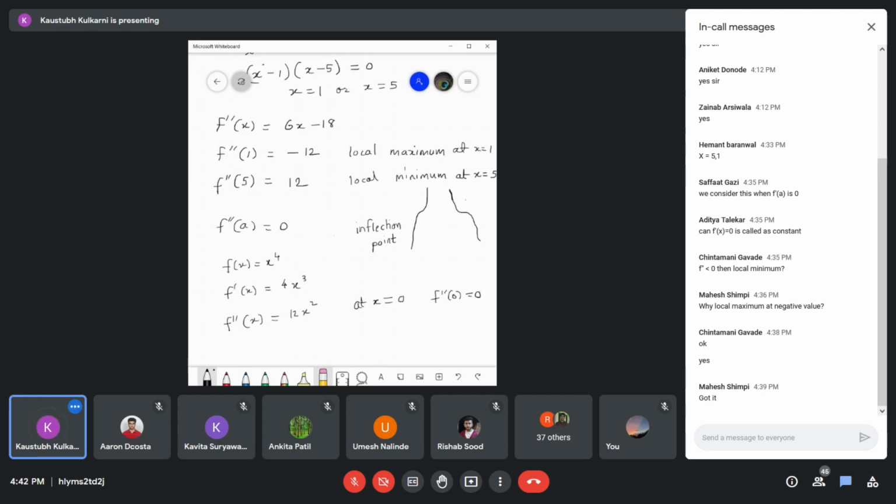Now I'll try to show you how this function, x raised to 4, looks. We'll share this tab.